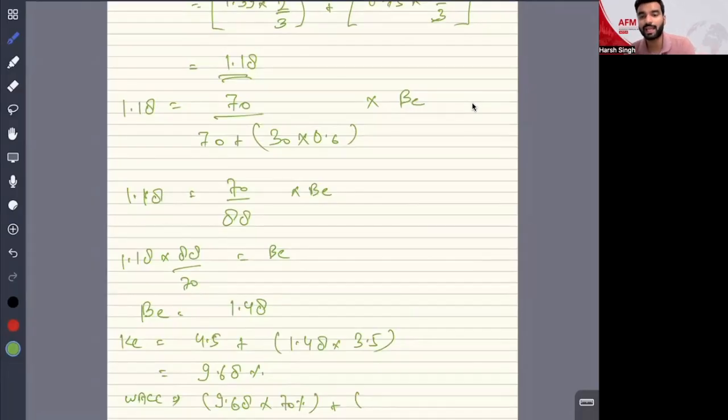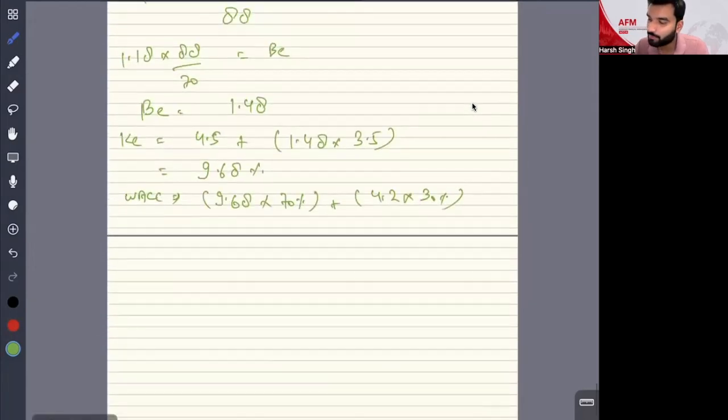Make it post tax. 7% multiplied by 0.6 equals 4.2. 4.2 multiplied by 30%, which will give me the final value as 9.68 multiplied by 0.7, 6.776, plus 4.2 multiplied by 0.3, 1.26.